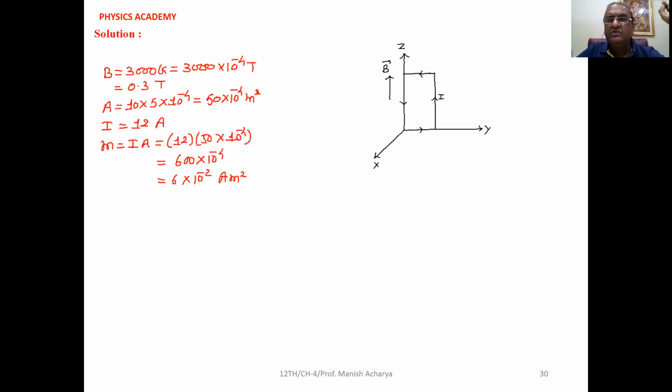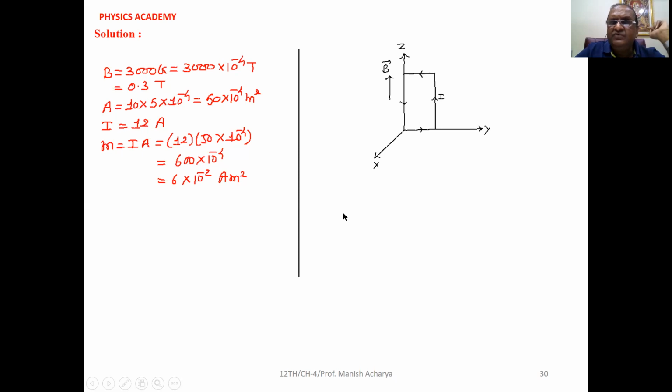So we have to calculate the magnetic moment also. Magnetic moment is I into A. So I is 12, area is 50 into 10 raised to minus 4. So the magnetic moment will come to 6 into 10 raised to minus 2 ampere meter square.